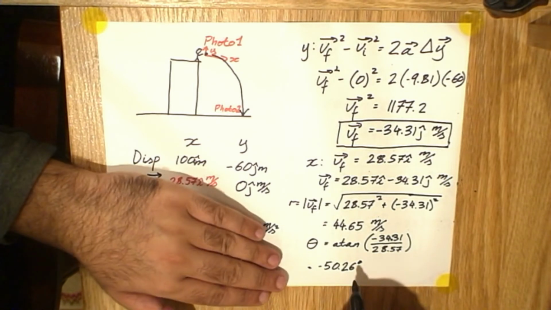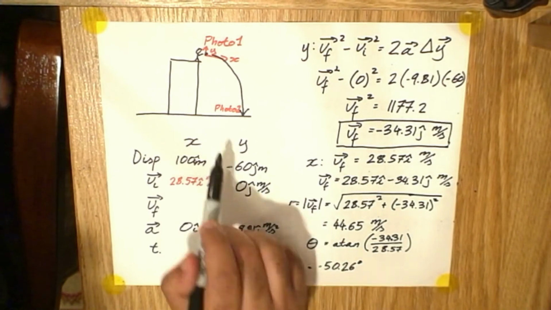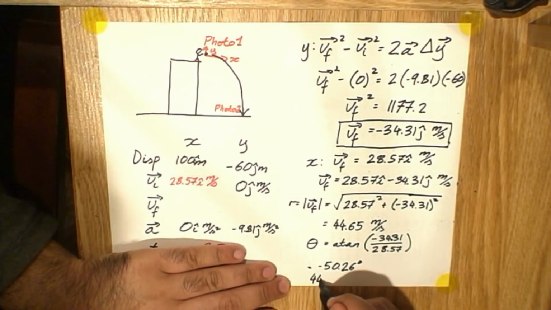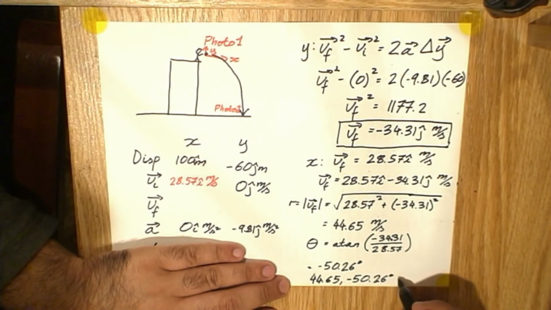So we could say that the overall velocity of the ball, just as it's about to hit the ground, is 44.65 meters per second at an angle of negative 50.26 degrees. That is 50.26 degrees below the x-axis.